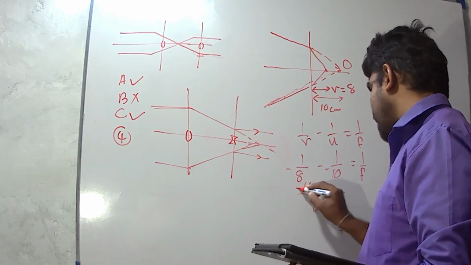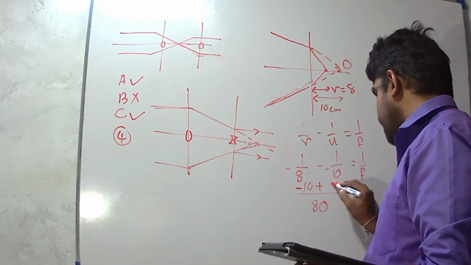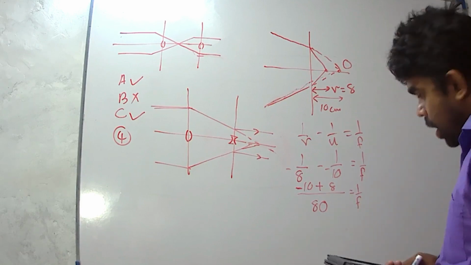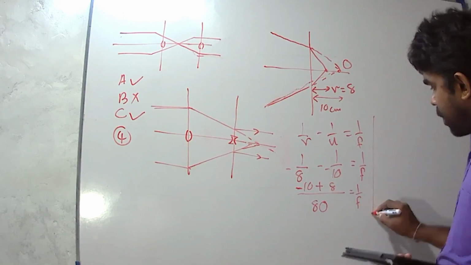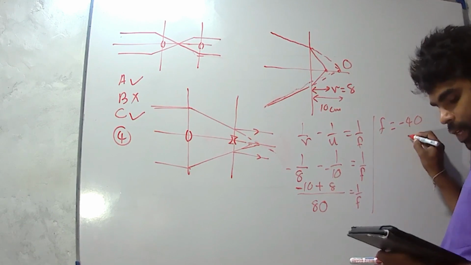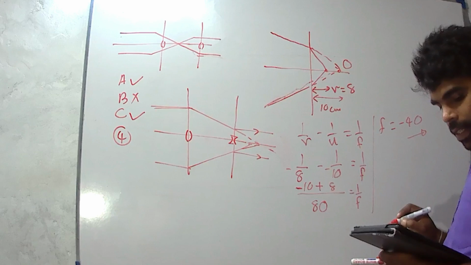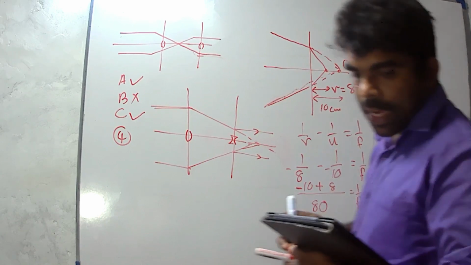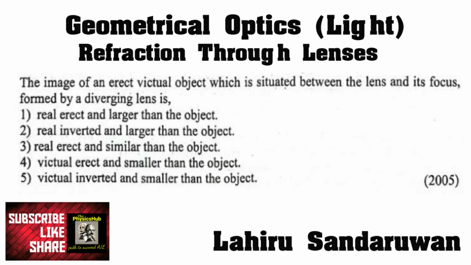It is a minus value. Minus into minus plus. We can simplify it and we can get f should be minus 40. Minus means a convex lens, focal length 40. Then answer is 1.